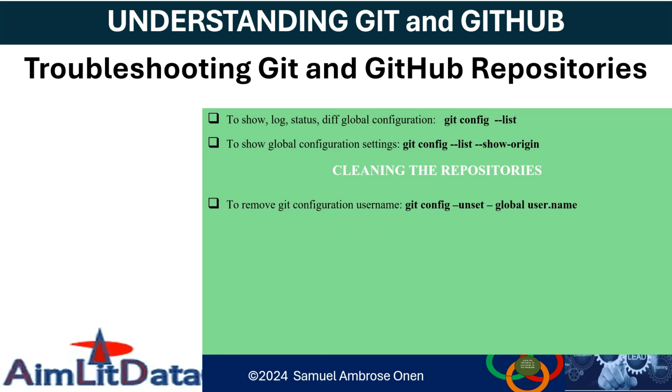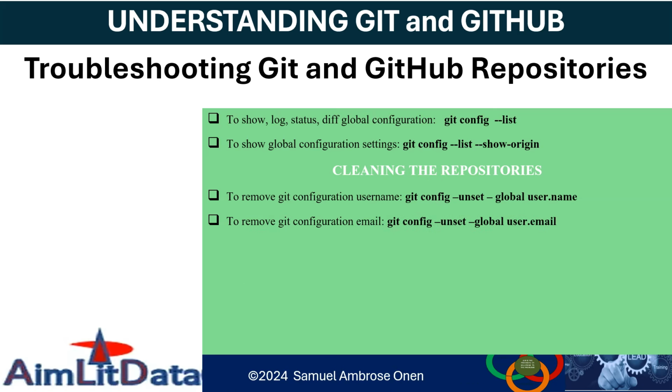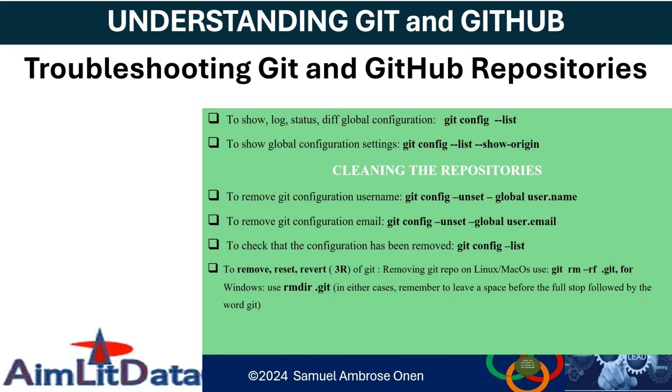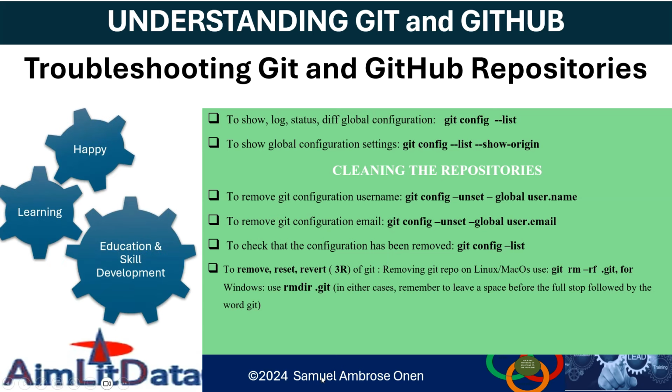Now the next thing that we are going to do is to remove the files that we have put inside the repository. We want to get rid of those files, and then after that we will get rid of the repository itself. So let us go there and do it.